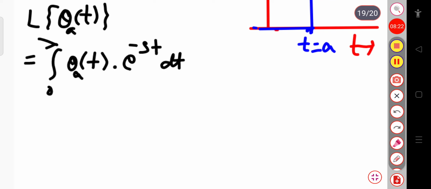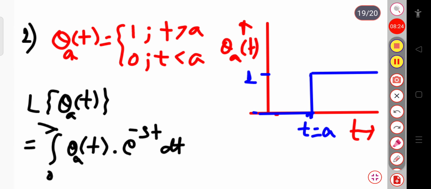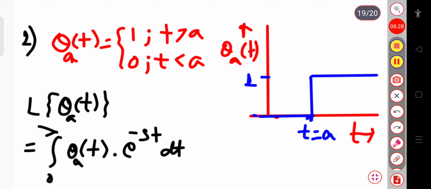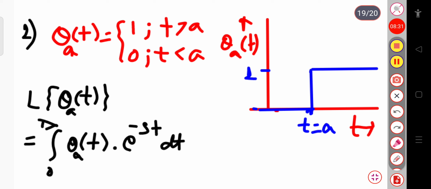Now you can see that here, this total integration, that is from 0 to infinite, I can split it. Suppose this is the line from 0 to infinite. Now somewhere in between this 0 to infinite, a point will lie here. That is, when t is greater than a, it means it is a positive quantity. So I can split this integration 0 to infinite, first 0 to a, then plus a to infinite.